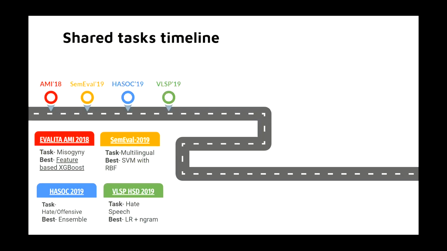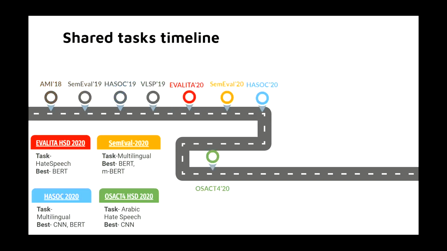Next, we present a timeline of shared tasks and try to discuss some commonalities between them. The hate speech shared tasks started in 2018 with the first task being EVALITA AMI, which was about misogyny detection. Most of these earlier tasks were based on one particular type of hate speech, and the models were based on SVM or regression-based models. With 2020, BERT was taking prominence in different competitions.